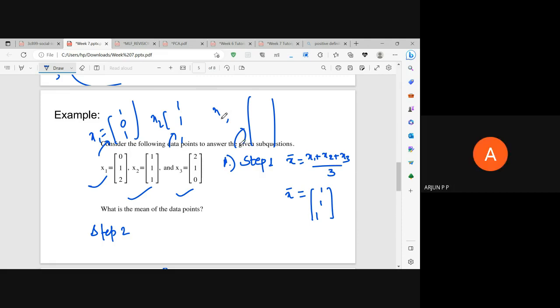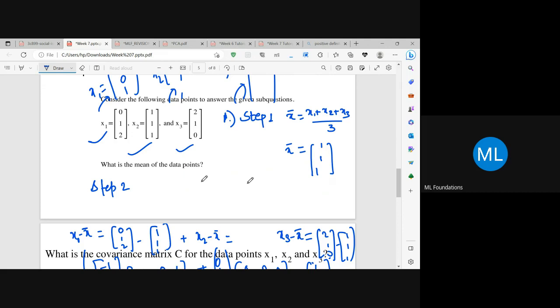Sir, PCA is supposed to reduce the dimensions, right, sir? Yeah. So basically, x1 bar should be. Again, you are getting confused. See, for example, you have x equals y.